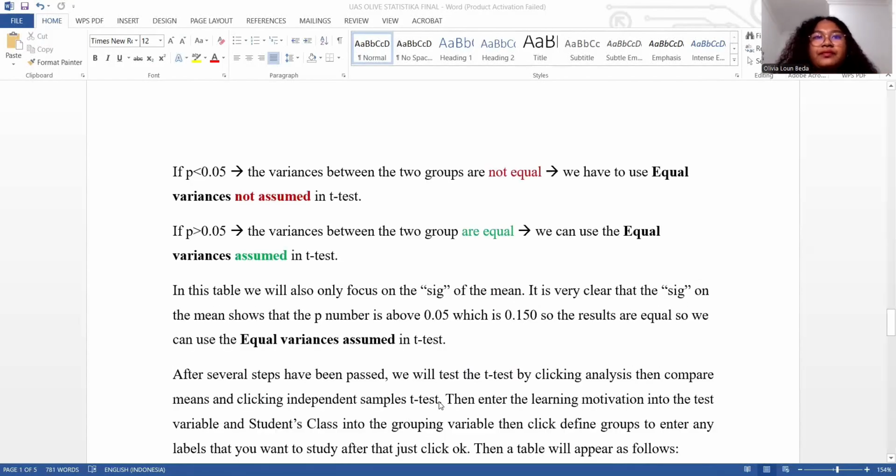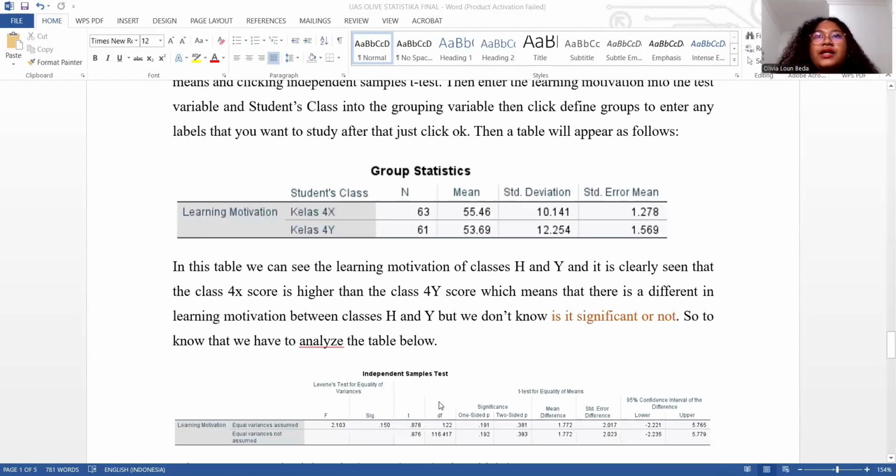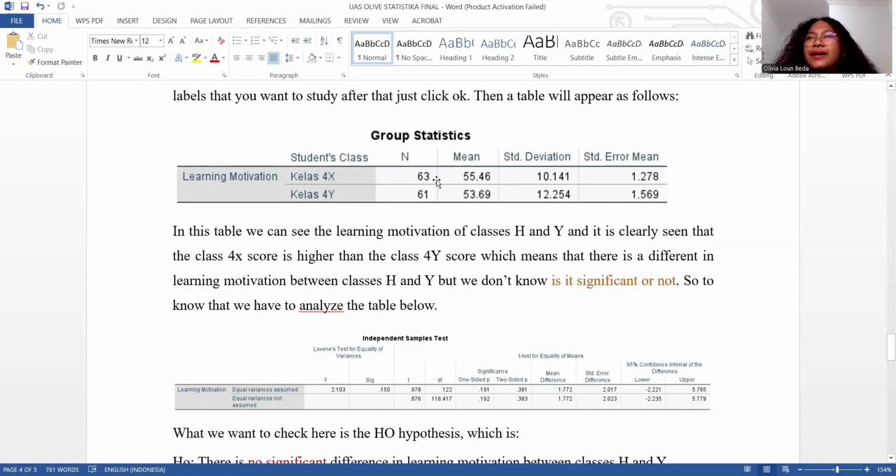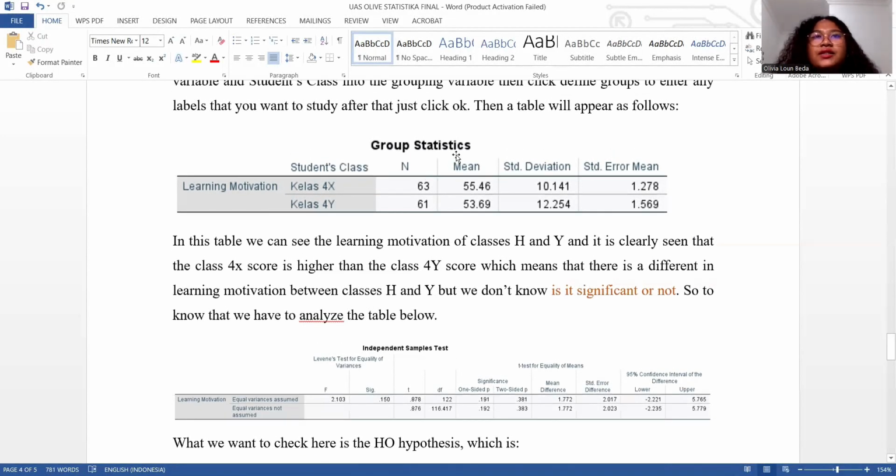If you want to check the hypothesis, you will find two tables. The first one is group statistics.